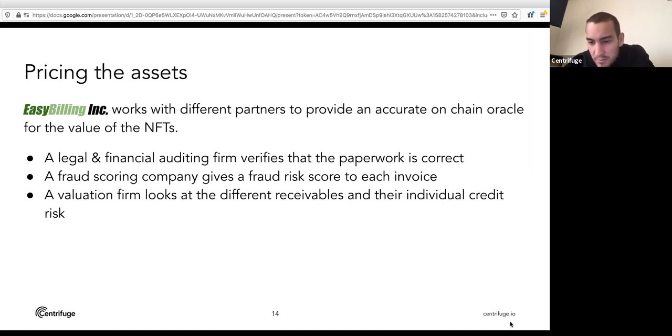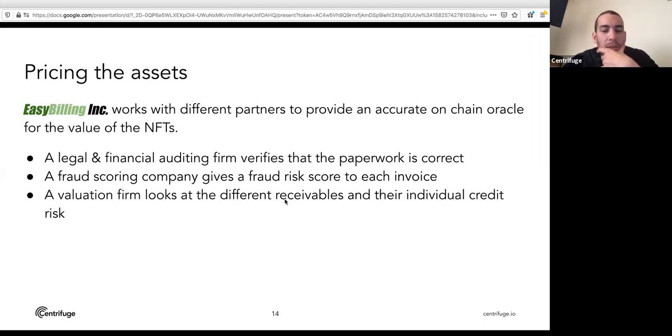Then a question, which market platform will serve this process? I would need to know a bit more in detail what you mean by market platform. But what we do is we create a public process where Easy Billing now recruits a bunch of third parties that can help with pricing these assets.